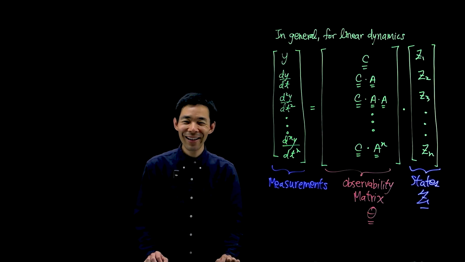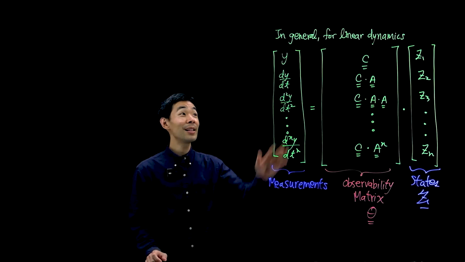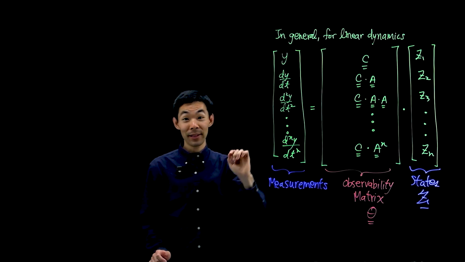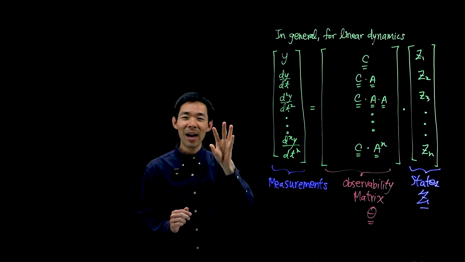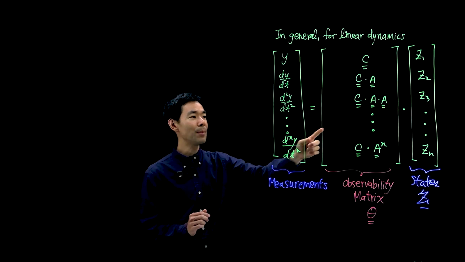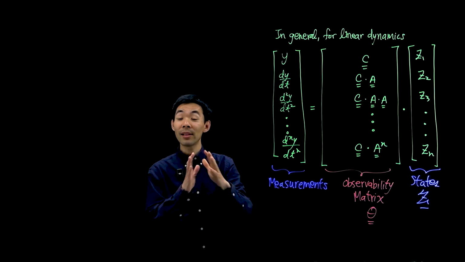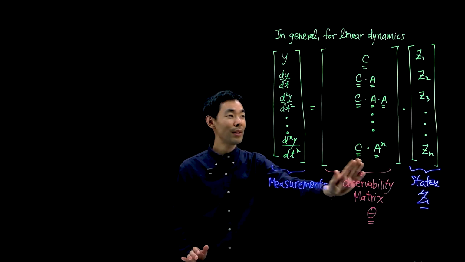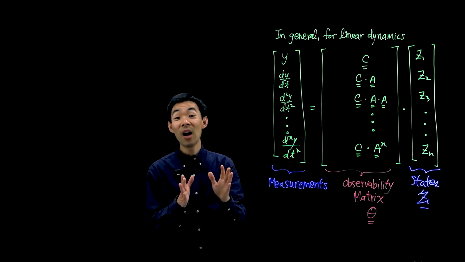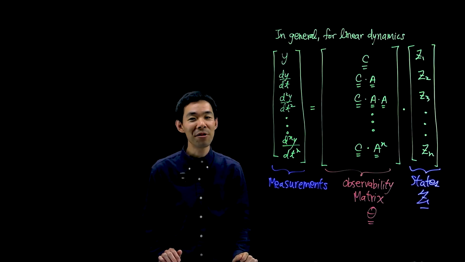So what we find through this linear algebra problem is that for linear dynamics, if we can write down z time derivative is equal to some state transition matrix A times the state z, so that's linear dynamics, then your observability matrix can be written down in this form. For nonlinear dynamics, you can't write it in this form in general.